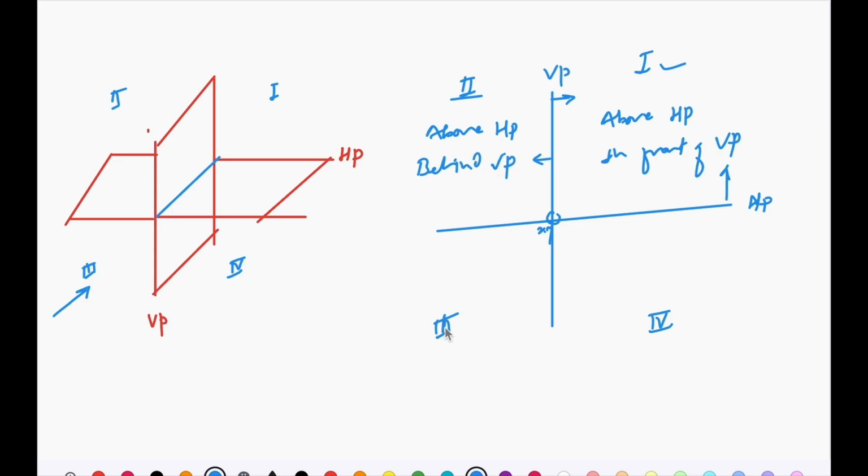When it is in the third quadrant, it is below HP and behind VP. And when it is placed in the fourth quadrant, it is below HP and in front of VP.